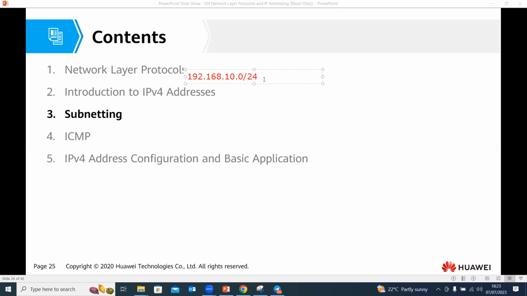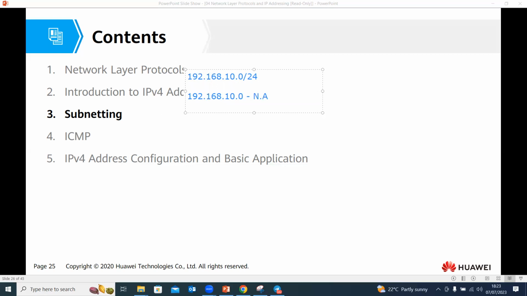If it is one network and we have no departments in our company, the very first one, 192.168.10.0, becomes our network address.